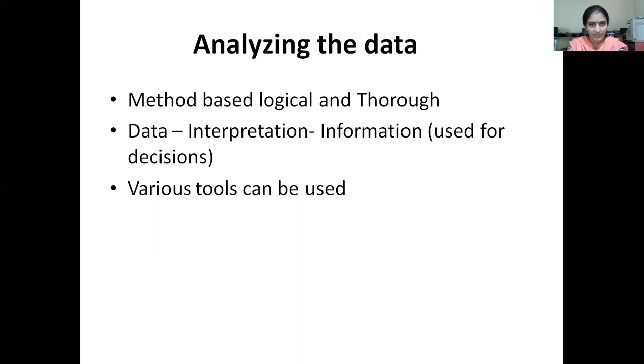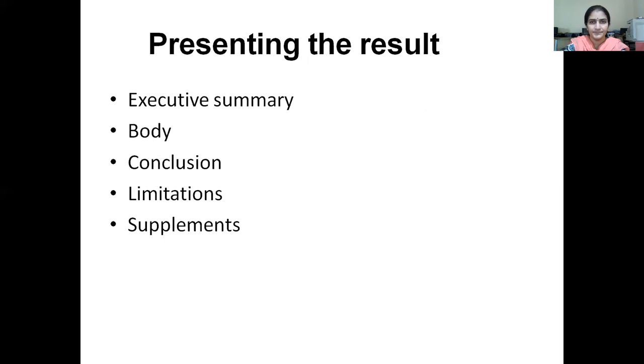We will also do the data interpretation, that is, information used for decisions. Whatever data we have collected, based on that we are going to frame some interpretations, conclusions and results, and those interpretations will be used for decisions.